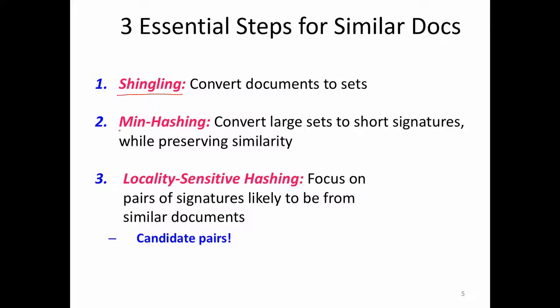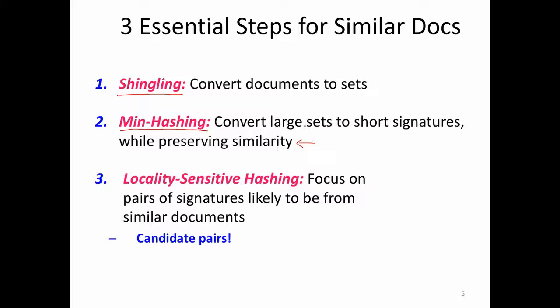The second step is called min hashing. We basically convert such large sets to short signatures while preserving the pairwise similarity. So we only calculate short signatures which we can fit into the memory at the same time, and roughly the pairwise similarity is preserved.